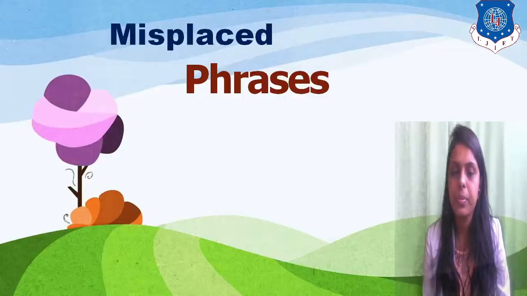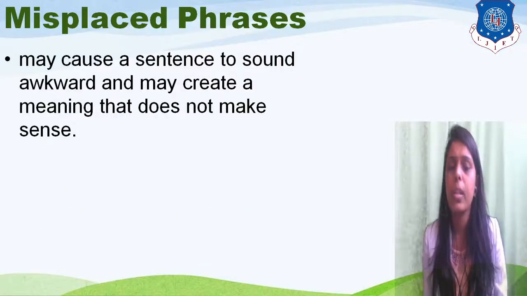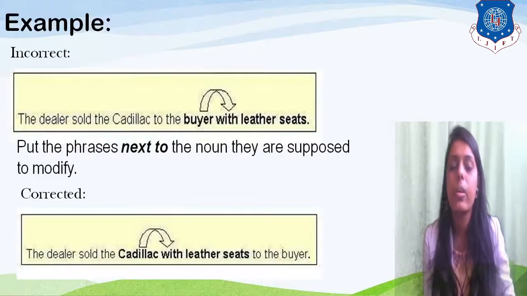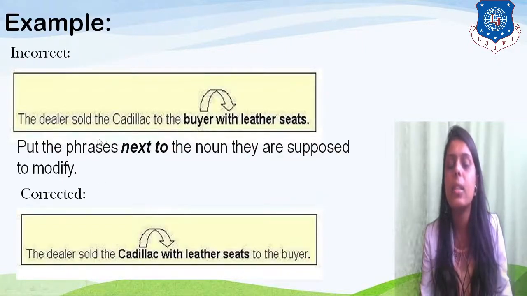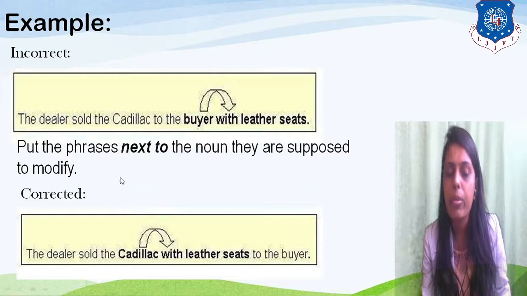So, misplaced phrases. They may cause a sentence to sound awkward and may create a meaning that does not make sense. So here you can see: the dealer sold the Cadillac to the buyer with leather seats. Put the phrase next to the noun it is supposed to modify.